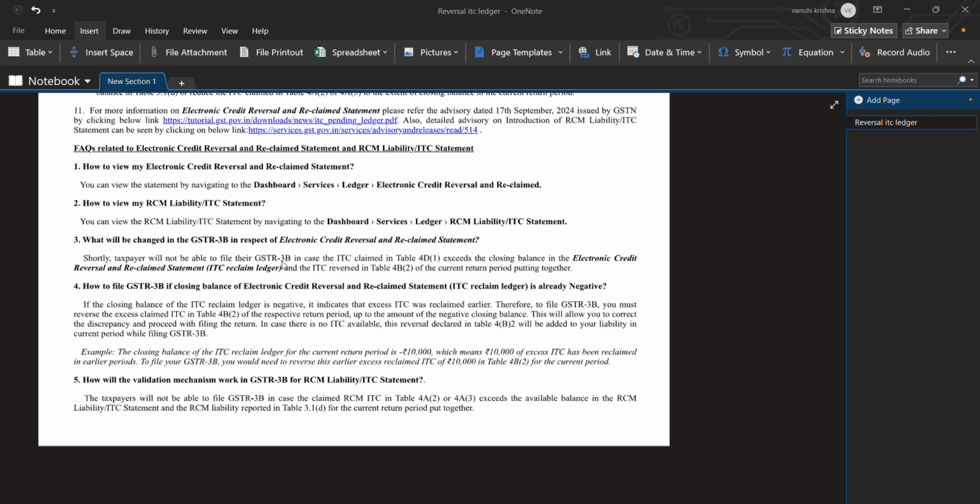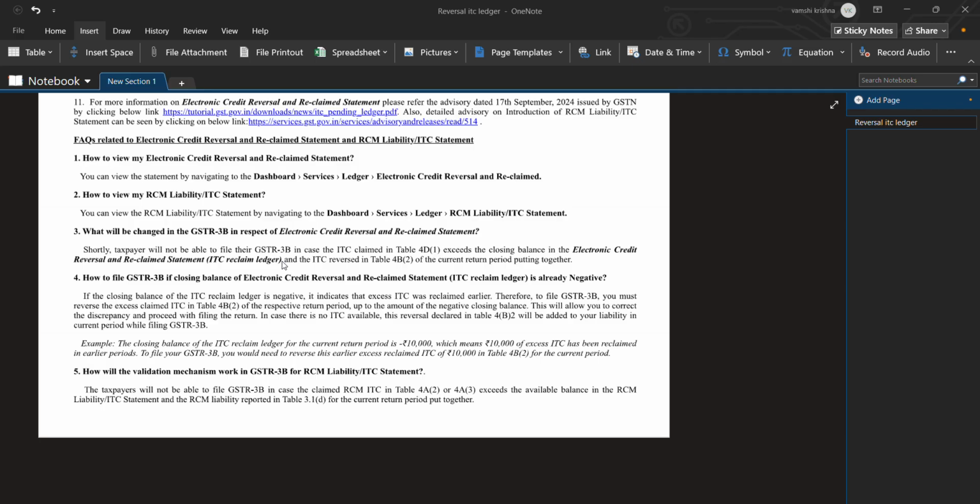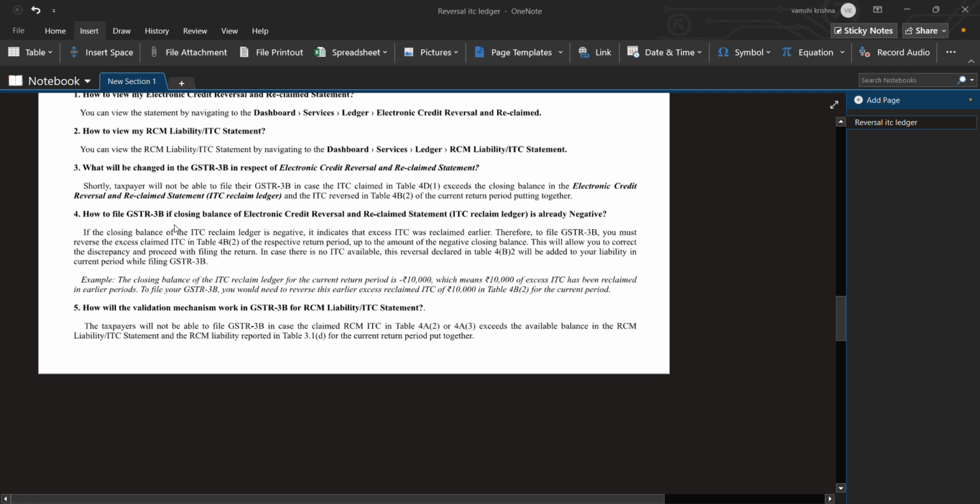As I said earlier, we can't file GSTR-3B if there is any negative excess amount in the closing balance. How to file GSTR-3B if the closing balance of the electronic credit reversal and reclaimed statement ITC is negative? If it's already negative, it indicates excess reclaimed earlier. Therefore, to file, you must reverse the excess claimed so it will match.